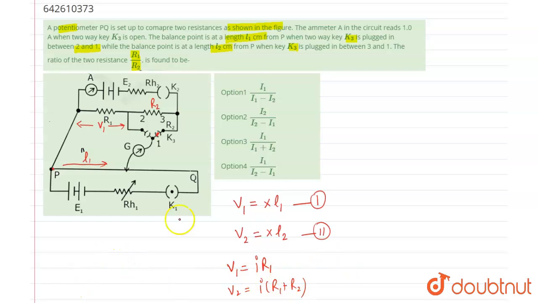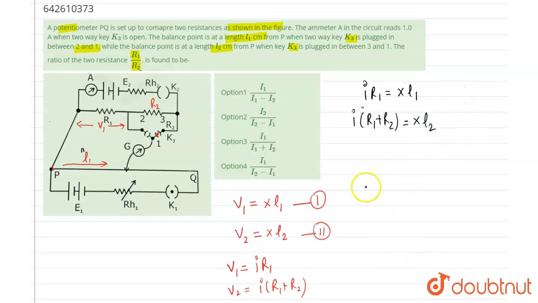Okay, so we can place that value in equation 1 and 2. So we will find I R1 is equal to X L1 and I (R1 plus R2) is equal to X L2.